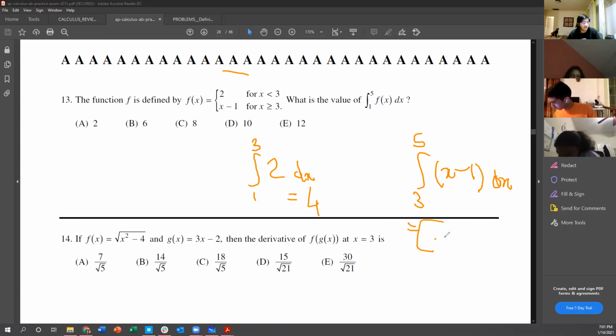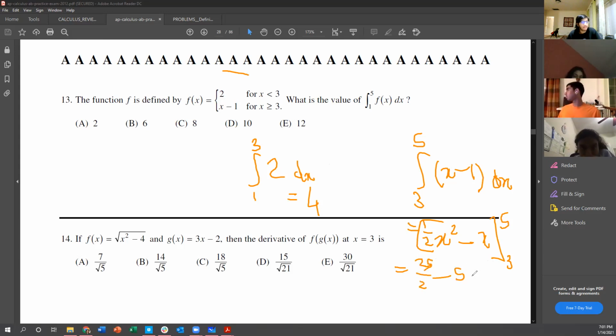This is going to equal 1/2 x squared minus x from 3 to 5. Plug in 5, you get 25 over 2 minus 5. And then minus, you plug in 3, 3 squared is 9 over 2 minus 3.